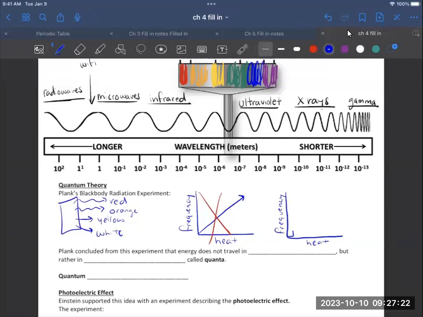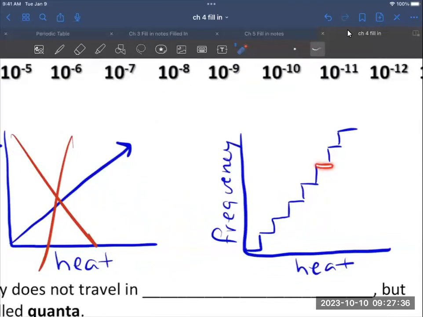It would stay the same frequency, and then jump up to the next one, and then jump up to the next one, and the next one. So this frequency was shown, and this frequency was shown, but the ones in between did not show up. And this frequency was shown, and this one was shown, and this one was not.